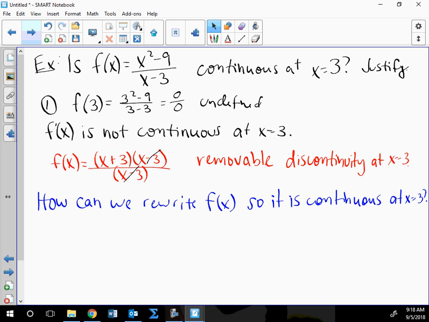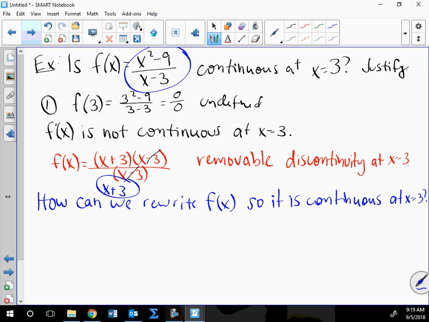So how can we rewrite f of x so it is continuous at x equal to 3? We know that there's some type of hole there. Would you guys agree that it's continuous everywhere else? Now, I want to make sure we understand, even though this reduces down to x plus 3, this graph and this graph are not the same.